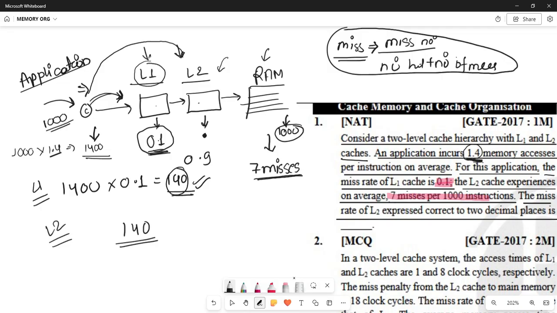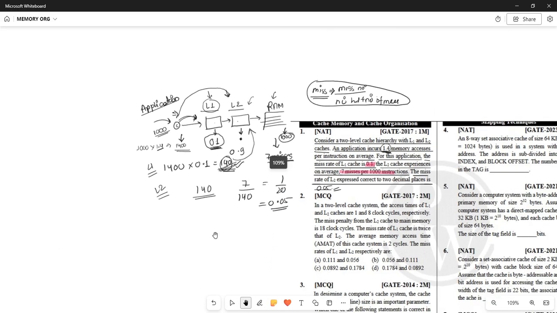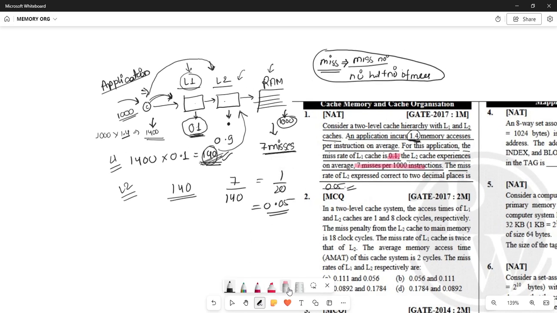So per 1400 memory accesses, there are 7 misses. And only 140 on average are coming to cache 2, meaning there are 7 misses in 140 accesses. So that is 1 upon 20, which is 0.05. So the answer right here would be 0.05. And this is the solution of the first multi-level cache problem.